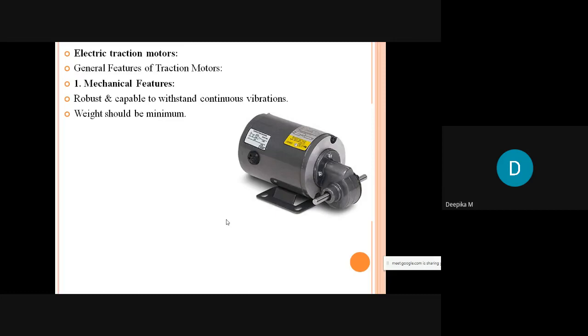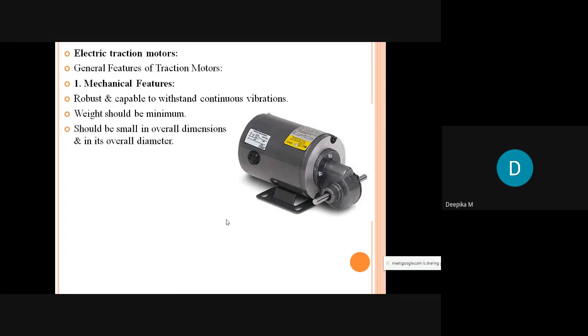And the weight should be minimum, because the motors are installed beneath the train system. The overall traction system weight should be less, hence the weight of the motor should be minimum.